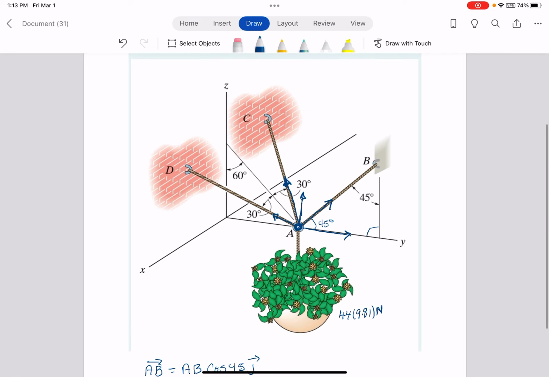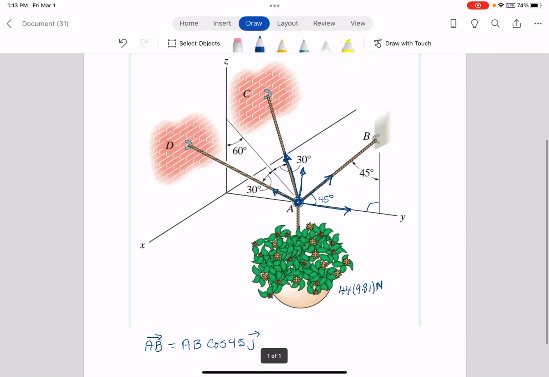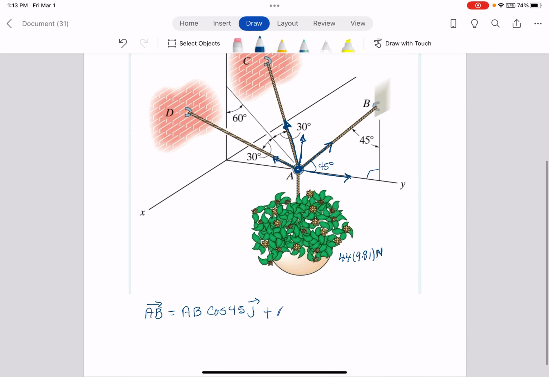You can see that this is going up in the positive z. So plus AB sine 45, because the other one is cosine, this one is sine, although sine 45 and cosine 45 are the same. This has units of Newtons. That's AB. Let me clean up and see the rest.